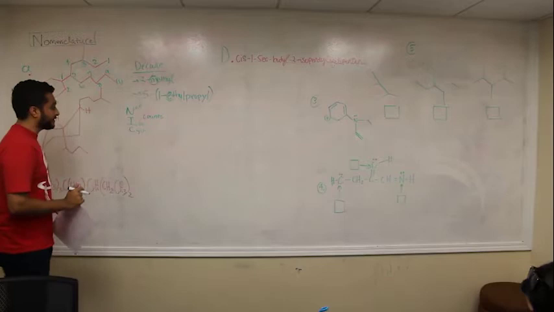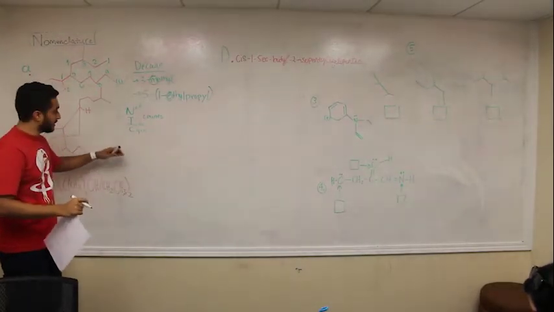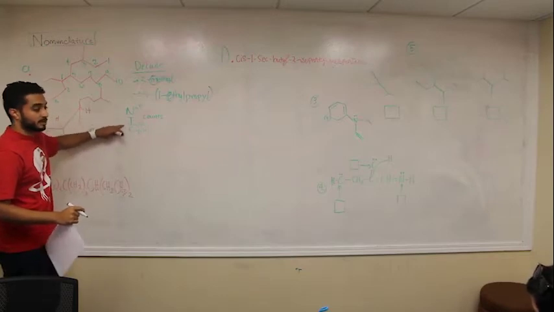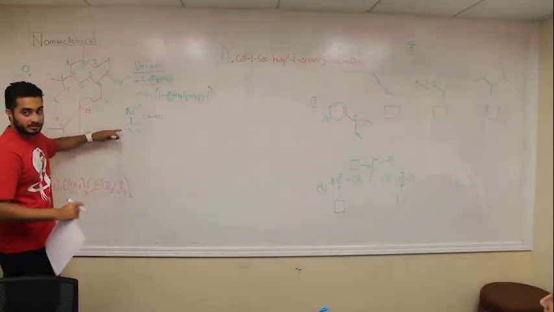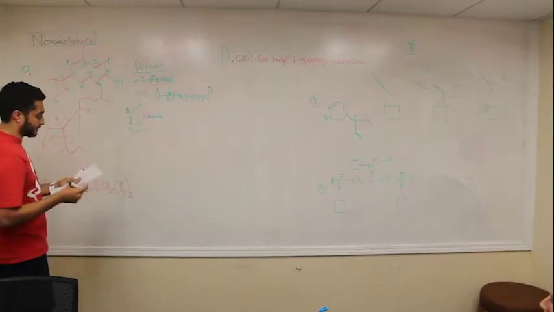If you have a prefix in front of ethyl, propyl, butyl, or whatever it is, and it's one of these three, then you take them into account for the alphabetical arrangement of the actual name. So which one's going to go first?